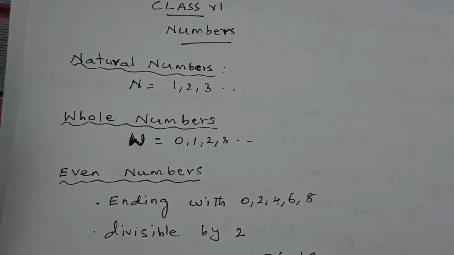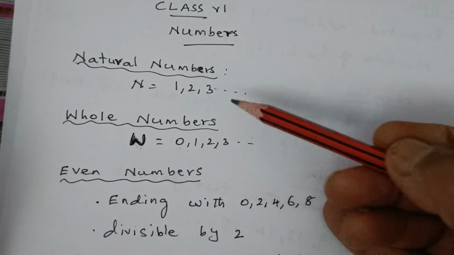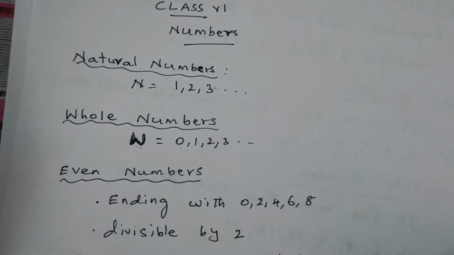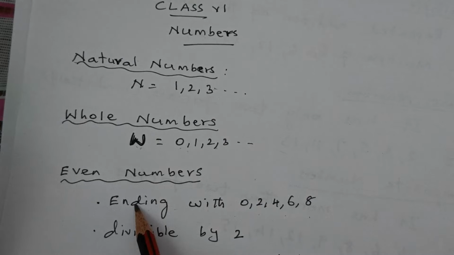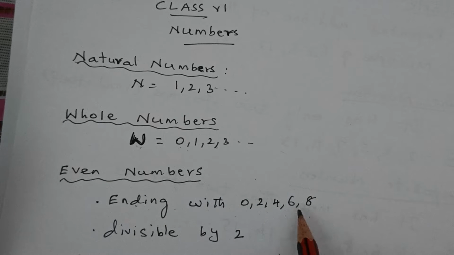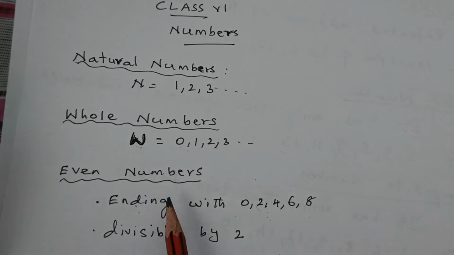And then we studied about even numbers and odd numbers. Out of these natural numbers, we have even numbers and odd numbers. What are even numbers? The numbers ending with 0, 2, 4, 6, 8 are called even numbers. Ending with means it should have 0, 2, 4, 6 or 8 in its units place, that is in ones place.